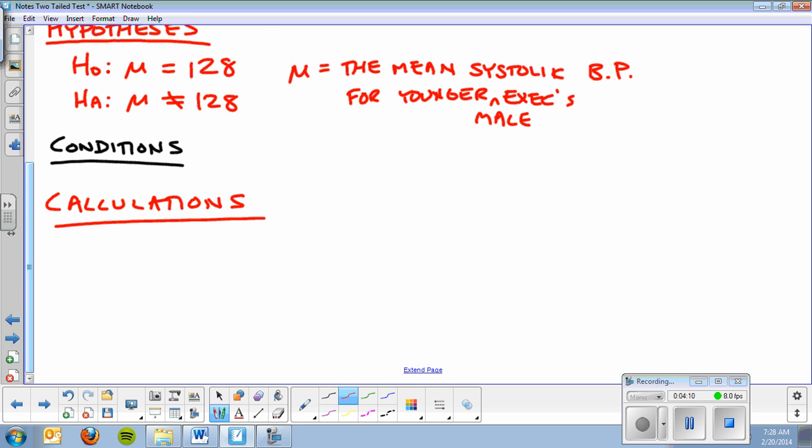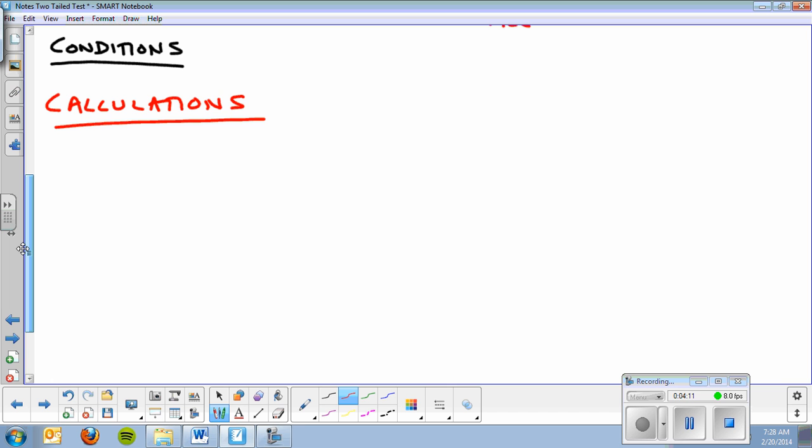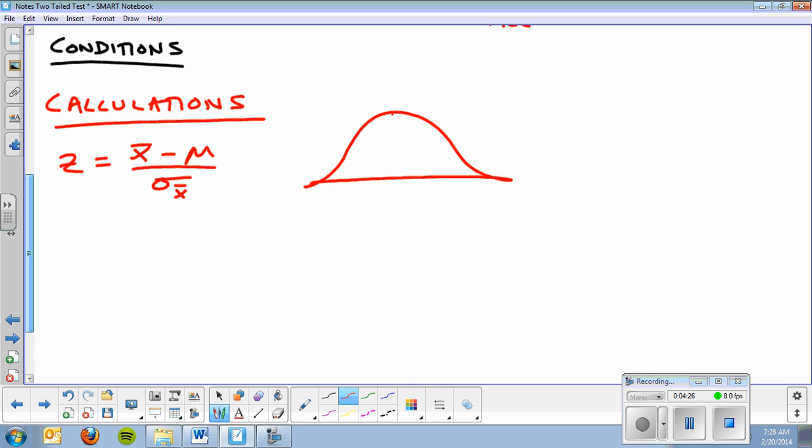Again, we are conducting a one sample z-test. So z equals x bar minus mu over sigma sub x bar. We identify our formula first. We're going to draw our graph and label the middle, which is 128. That's our mu, or what we think the mean blood pressure is.